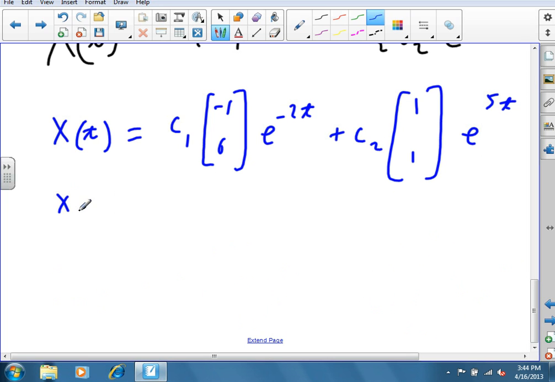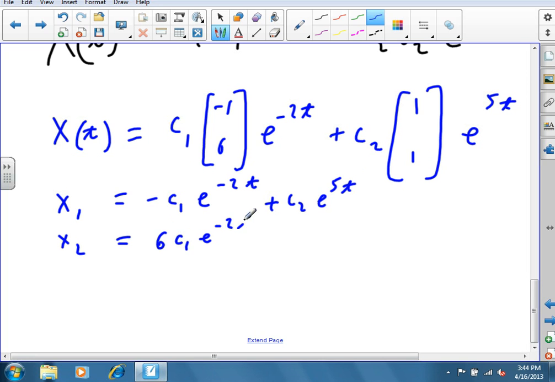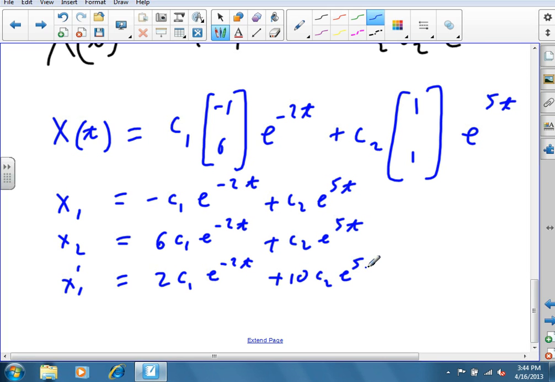That being the case, x1 is equal to minus c1 e to the minus 2t plus c2 e to the 5t. x2 is 6 c1 e to the minus 2t plus c2 e to the 5t. x1 prime equals 2 c1 e to the minus 2t plus 10 c2 e to the 5t, and x2 prime is equal to minus 12 c1 e to the minus 2t plus 5 c2 e to the 5t.